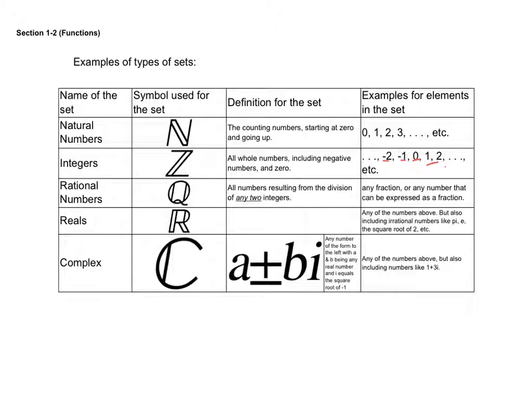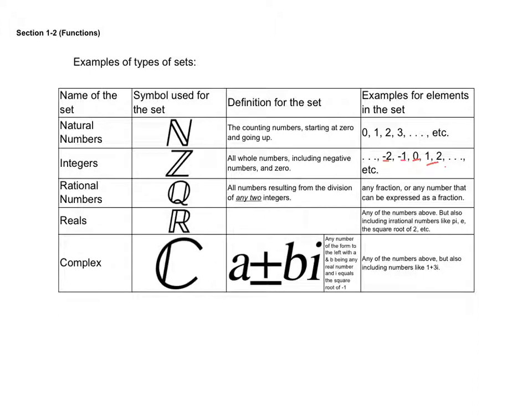Okay? There are numbers that are not included in the rational numbers that we've talked about before. The most common or the most popular one is the number pi. It is not a rational number. It is what we call a transcendental number. And it's also a radical number.